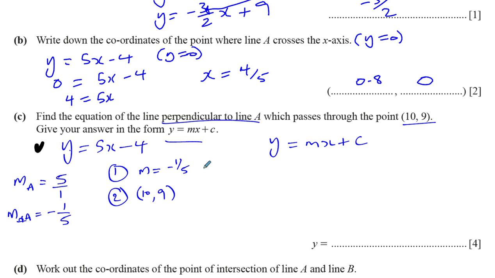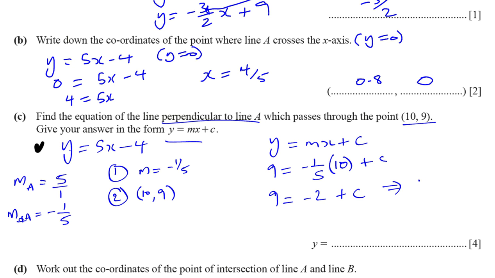One of the points on the line is 10, 9, so y is 9. The gradient is minus 1/5, so you have minus 1/5 times the x coordinate, which is 10, plus c. So 9 is equal to minus 1/5 times 10, which is minus 2, plus c.